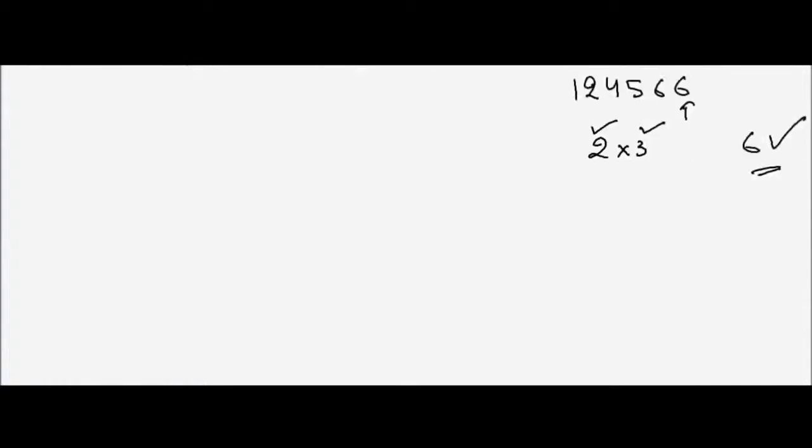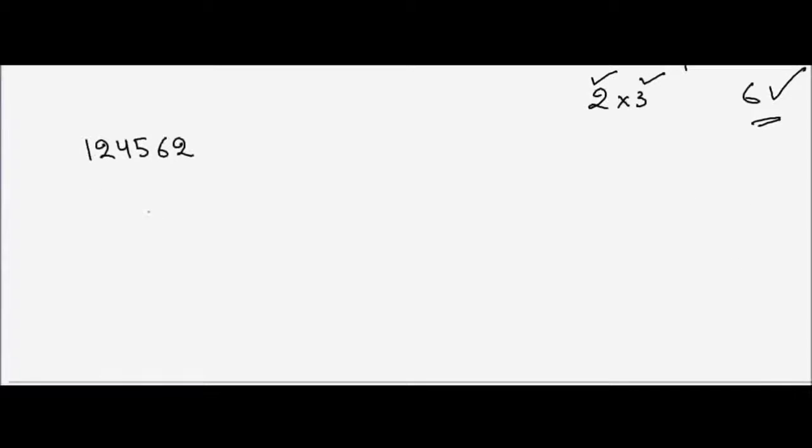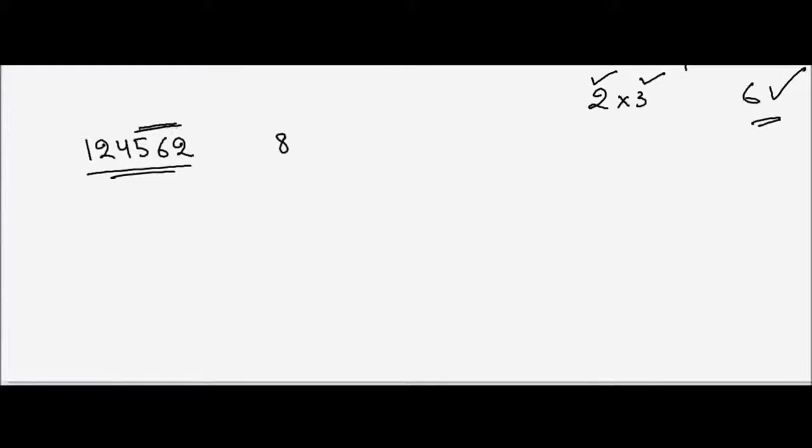Now let's go for 8. So now we have 124562, and we want to find out whether this number is divisible by 8. In that case we'll take the last three digits and see if 562 is divisible by 8.